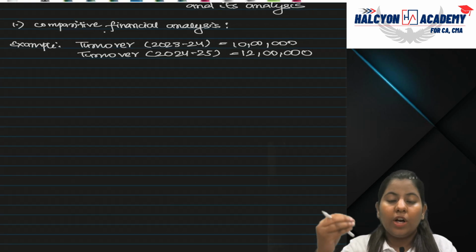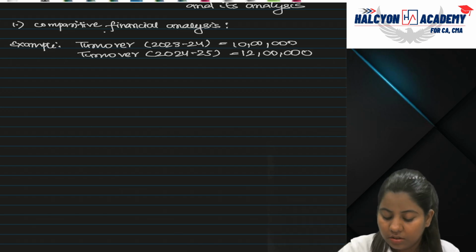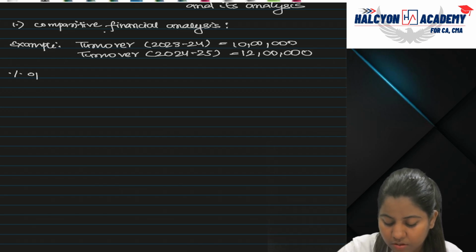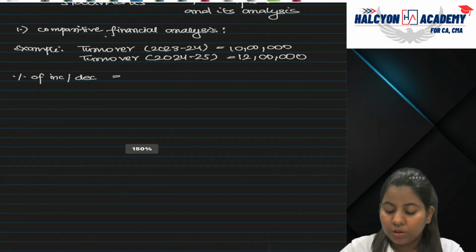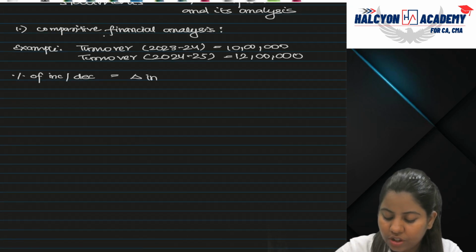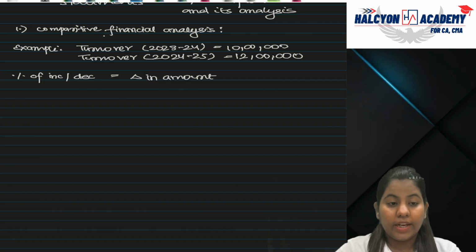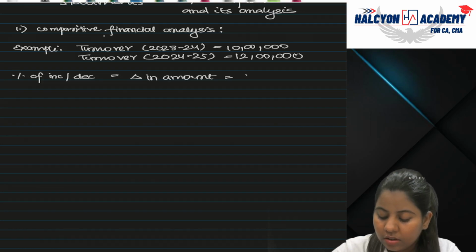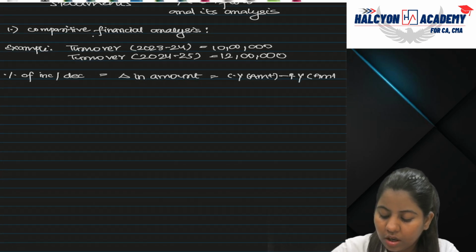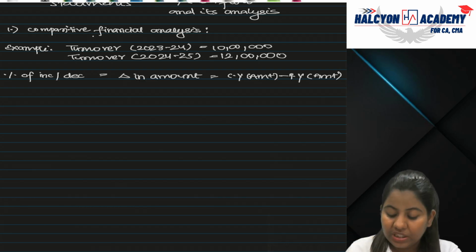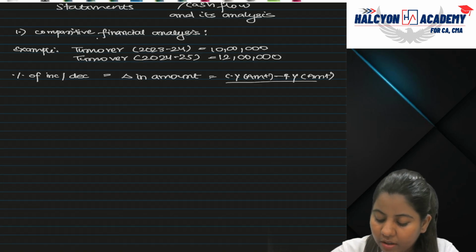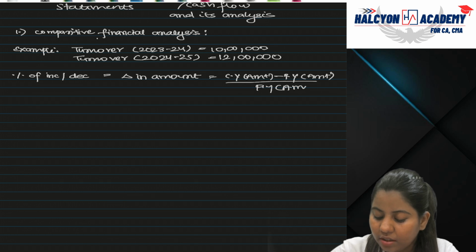So what is the formula to find out the percentage increase or decrease? The formula is change in amount, that is current year amount minus previous year amount, divided by previous year amount.